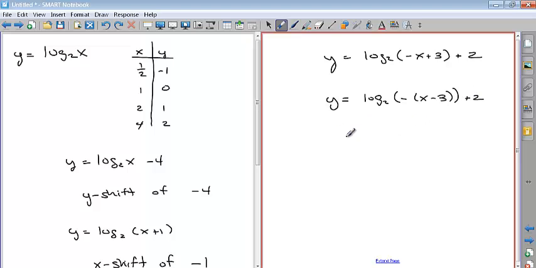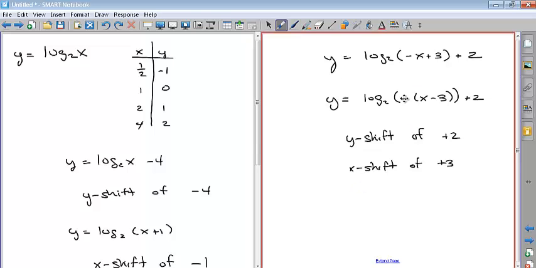So here we have a y shift of plus 2. We have an x shift based on this, and the x shift is positive 3 because we take the negative of that.